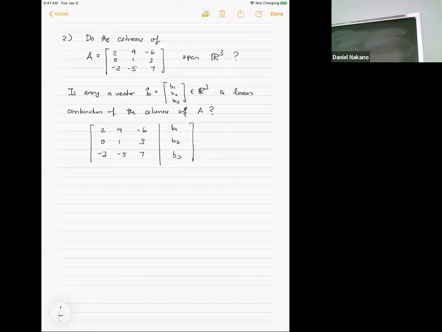For the third row, I'm going to take 3 times row 1 plus 2 times row 3, and insert that into row 3. That way I don't have to work with fractions. So 2, 4, minus 6, B1, 0, 1, 3, B2, that stays the same.